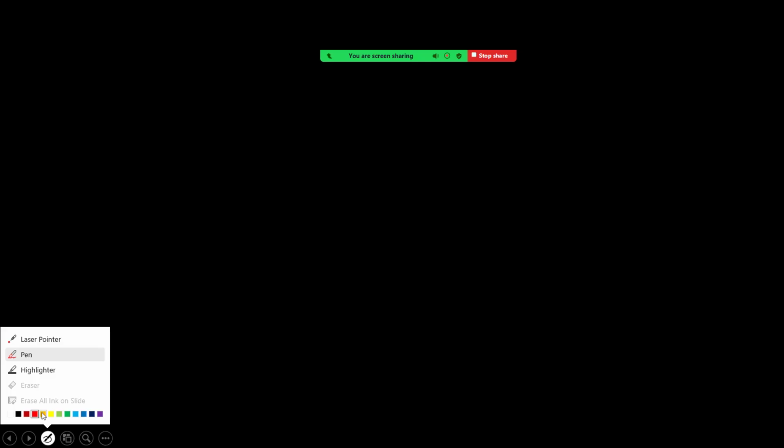So first write down the given data. It is given protons, velocity 4 × 10⁵ meter per second.